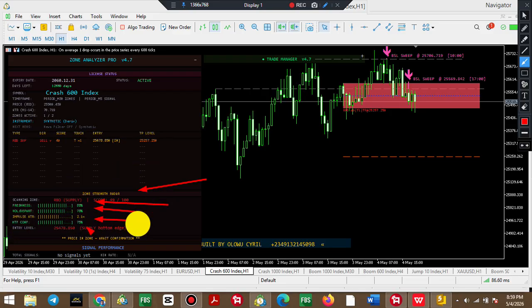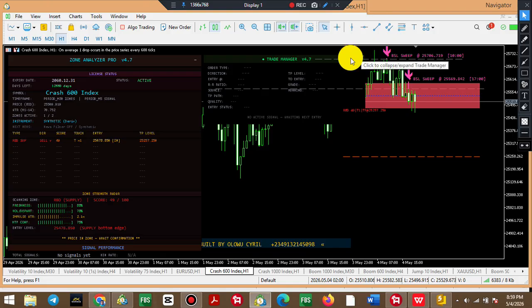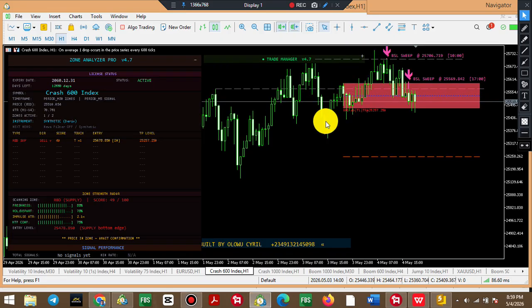So you can see that this is like an A1 setup, but despite that it looks so clear and clean, when you check the manager, nothing is there. This is because it has an internal check.